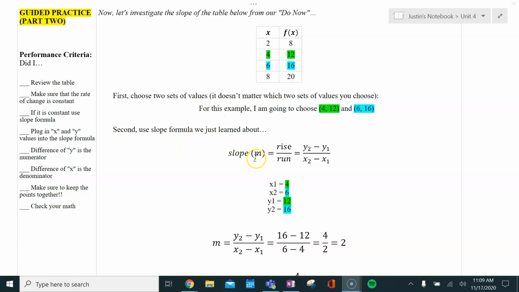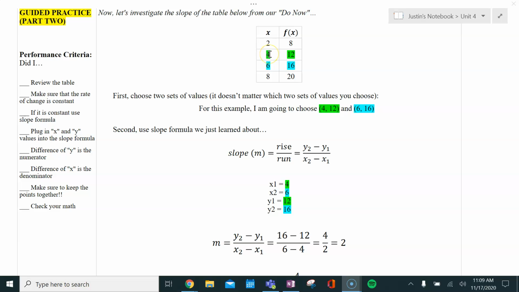That is m equals, so m stands for slope again, m equals rise over run, or just y2 minus y1 over x2 minus x1. Okay, once we solve, first we have to identify our x1, x2, y1, and y2 values based off of the table.